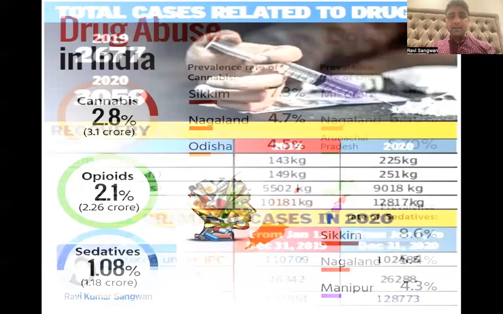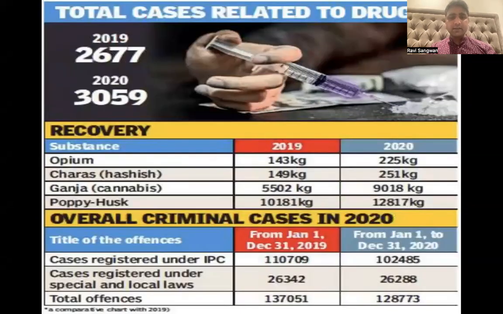And the next slide is total cases related to drugs. These are the drug-related cases, and this is over all criminal cases in 2022.